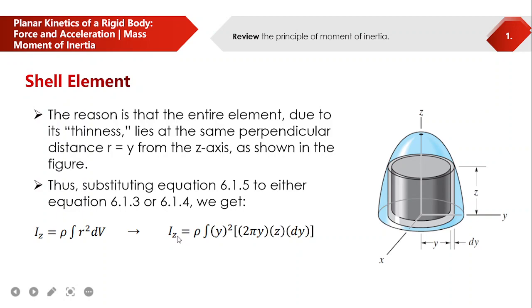So I sub z equals rho integral of y squared, since the radius of the shell element is y, times 2 pi y z dy. That will be y squared times y, which is y cubed, and then multiply everything, so that will be 2 pi z y cubed dy. The purpose of the dy is so we don't have any issue when we integrate these values.